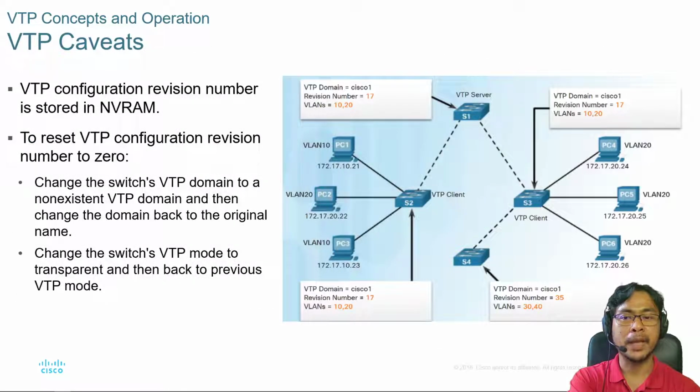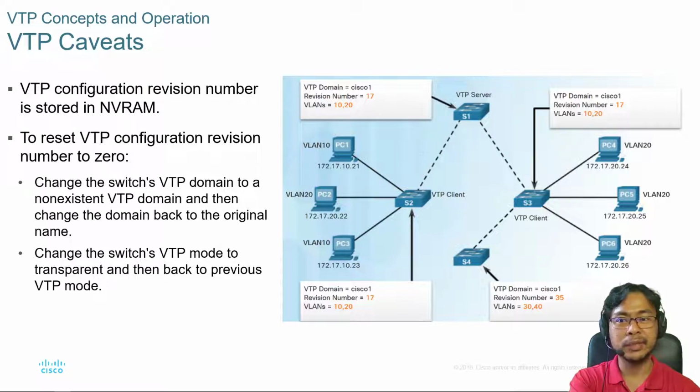Okay. And then some rules you need to know about VTP. To reset the VTP configuration, maybe you'll be asking later on, sir, what if I want to reset the VTP revision to 0? There are two ways. One is you change the switch's VTP domain to a non-existent one, meaning any other name that's not the same as the domain being used by the clients, and then it will be reset back to 0.